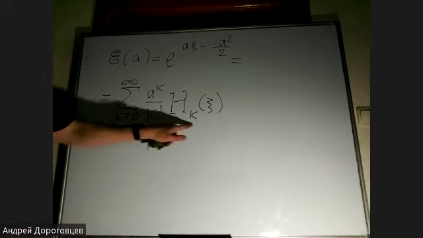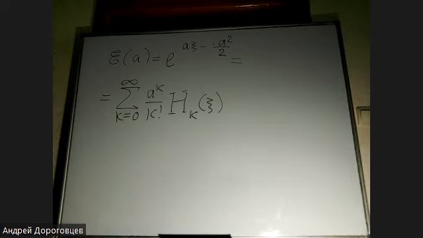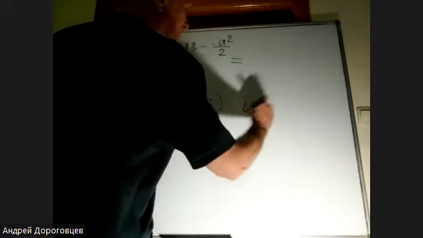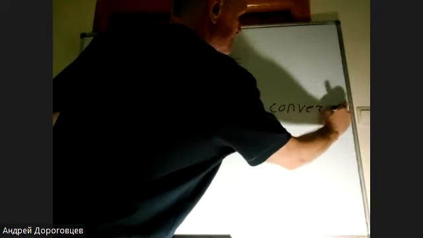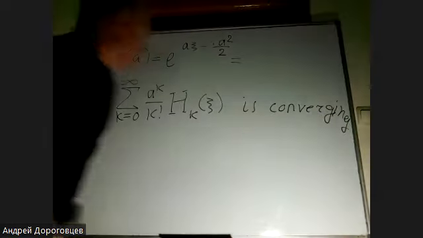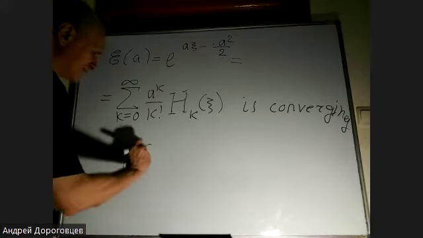So now we know the L2 norm of h_k. It is the square root of k factorial. Yes. And we know that they are orthogonal. So we know that this series converges in L2, in the mean square.